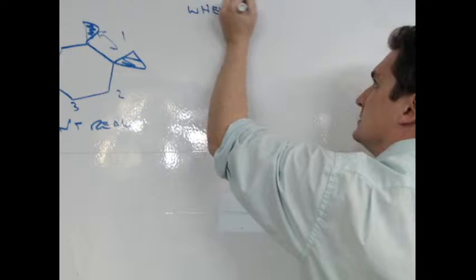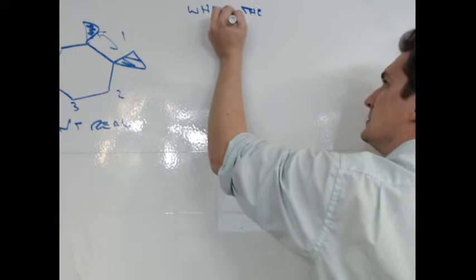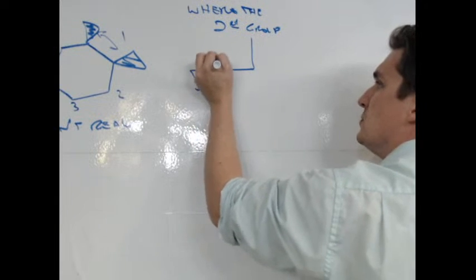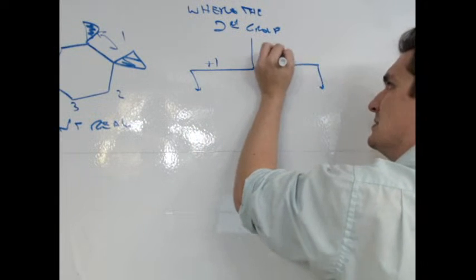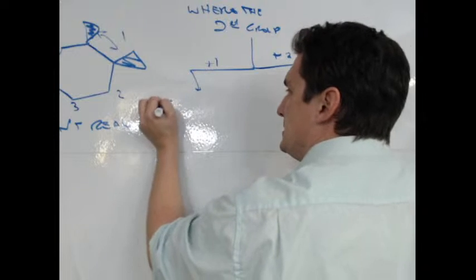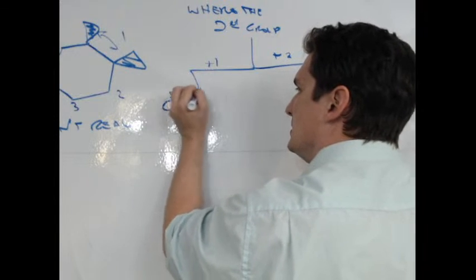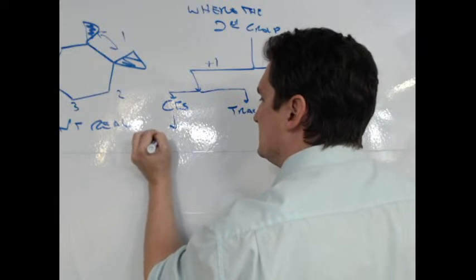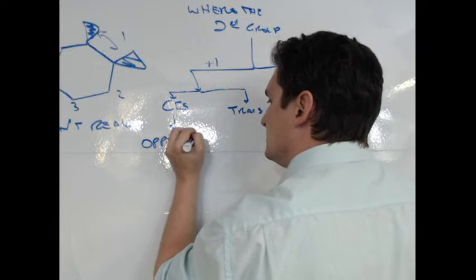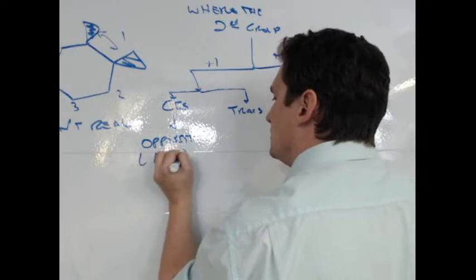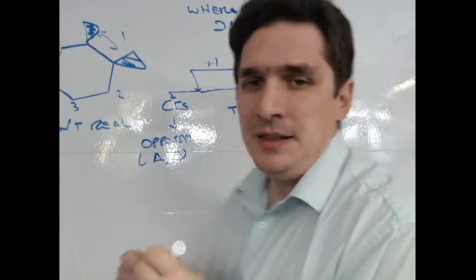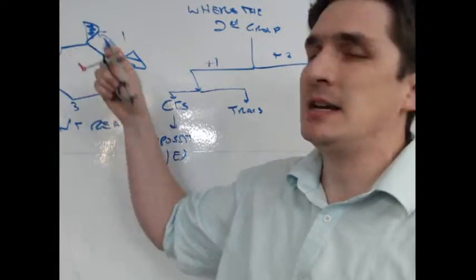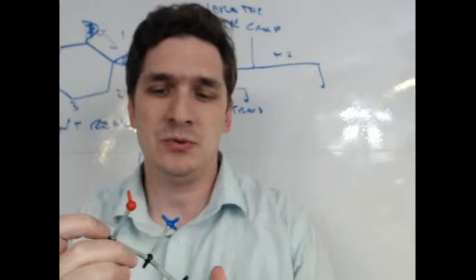Where's the second? If it's 1 away, then if they're cis, they're axial equatorial. And they end up being opposite because in order to pop this one out, it bends the second position, the top position, into the equatorial position.